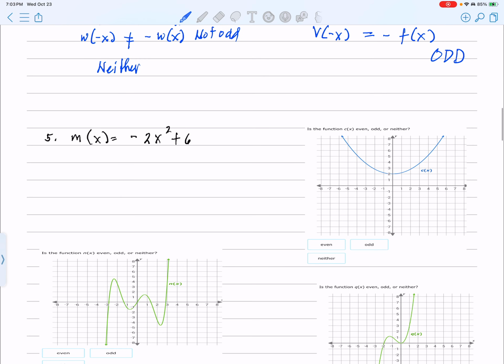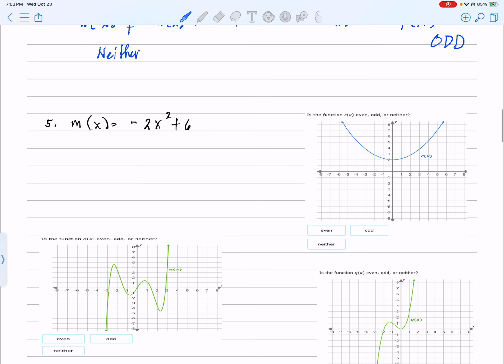Let's have the fifth number, number 5. M of x equals negative 2x squared plus 6. So we substitute a negative x into the function. I could tell that this is even, but I have to check, because the degree is even, it's the leading term, and there's no other degree. So I'm quite sure this is even. But let's check.